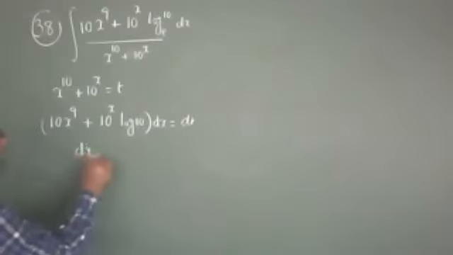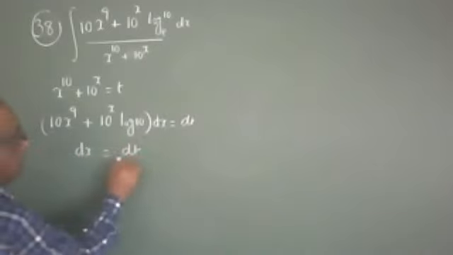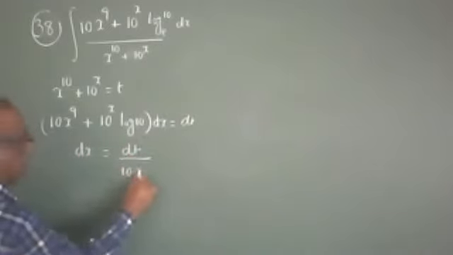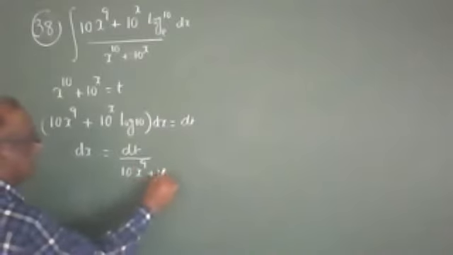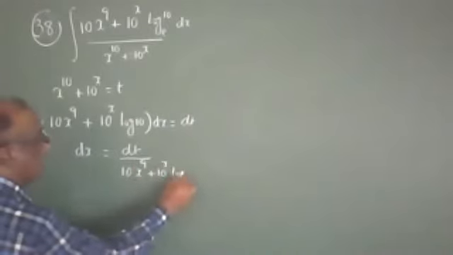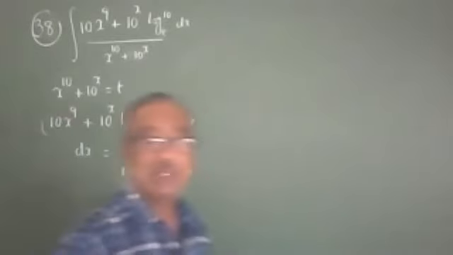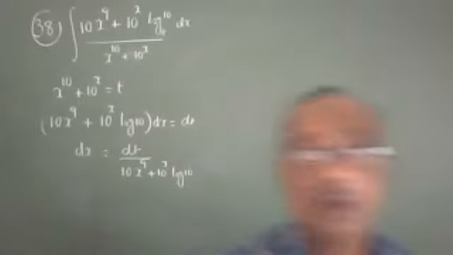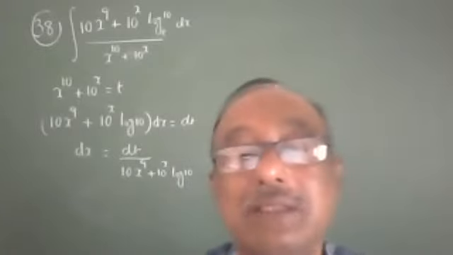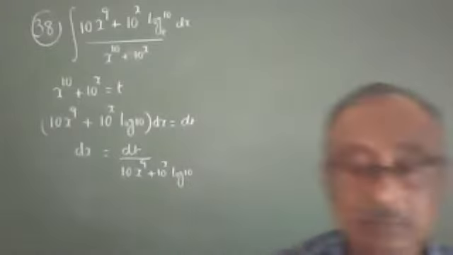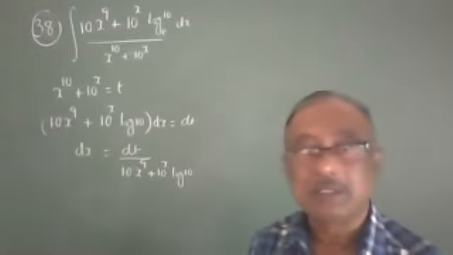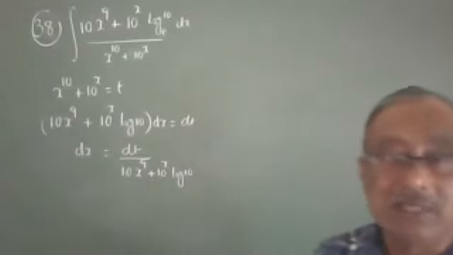Therefore, dx is equal to dt by 10x power of 9 plus 10 power of x into log 10 base e. Now substitute, cancel, we get the answer.